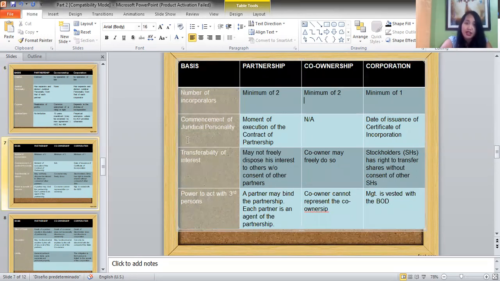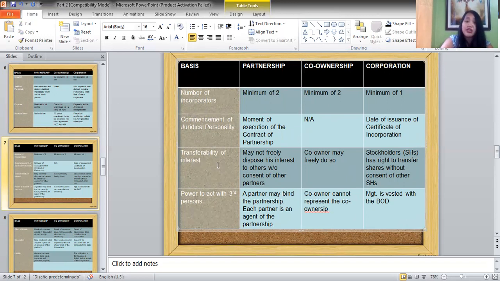So, dito naman tayo sa commencement of juridical personality. Partnership, it commences juridical personality from the moment of the execution of the contract of partnership. Co-ownership, wala, not applicable kasi wala nga siyang juridical personality, di ba? Corporation, date of issuance of certificate of incorporation.